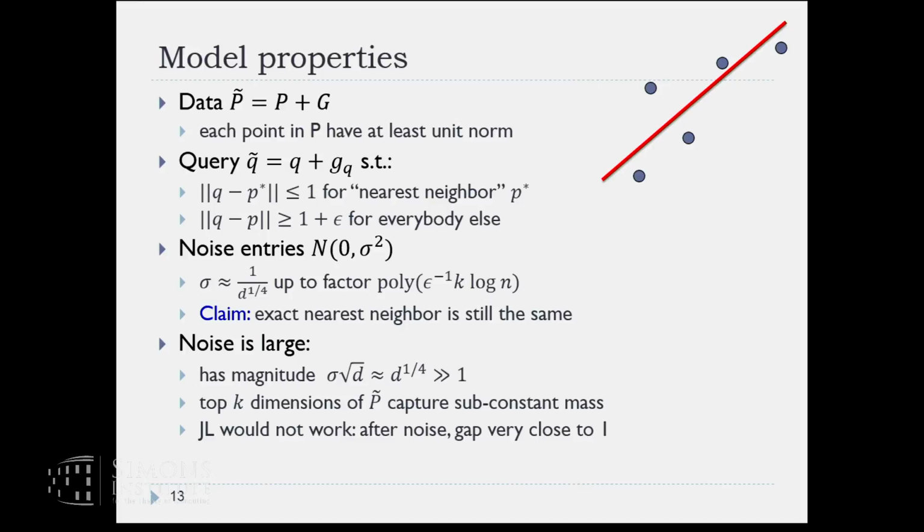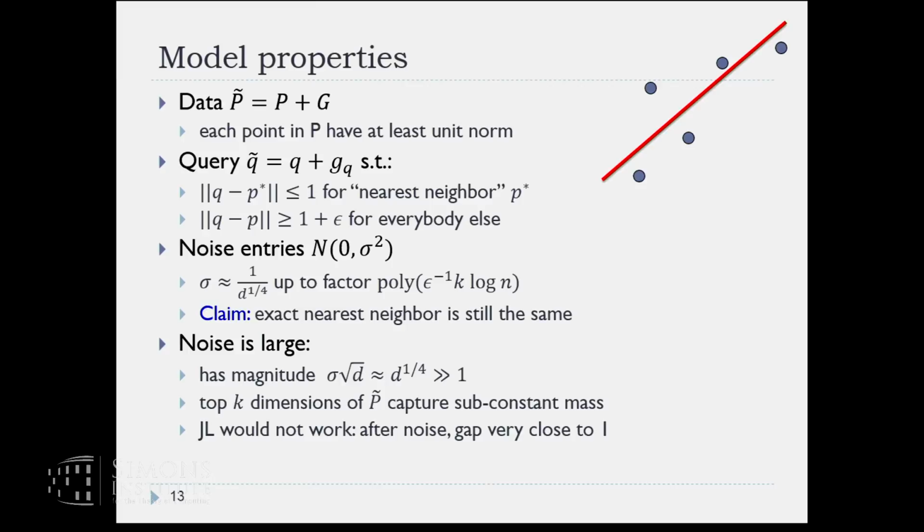Here, in this model, because there's so much noise, if you're trying to do SVD and you look at the top k subspace of this PCA of P tilde, it's going to get subconstant mass, because the noise is so large. Basically, it affects the top k subspace, and therefore all directions look almost the same.